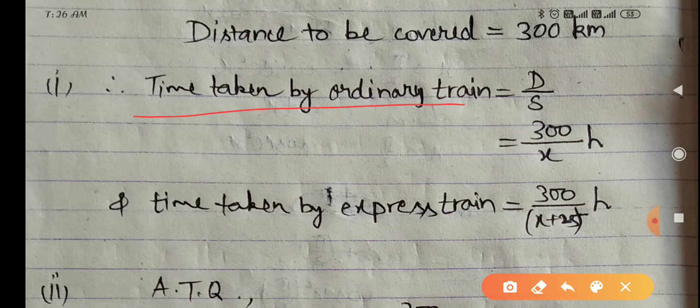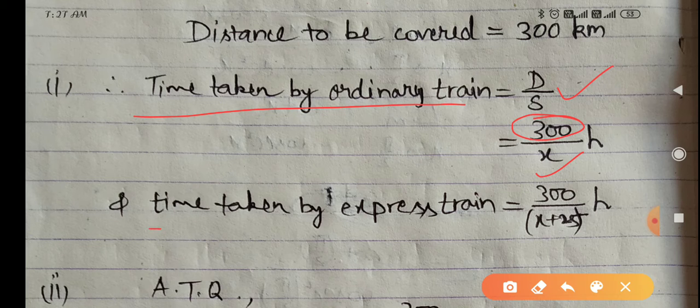So the same formula you have to apply here. Time taken by ordinary train is distance upon speed. Distance covered is 300 kilometer by both the trains, so for the ordinary train also you will take 300 kilometer. Speed of ordinary train is x kilometer per hour, so time taken by ordinary train is 300 upon x hours.